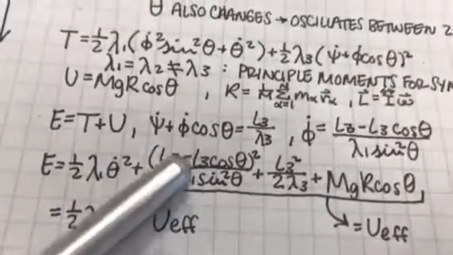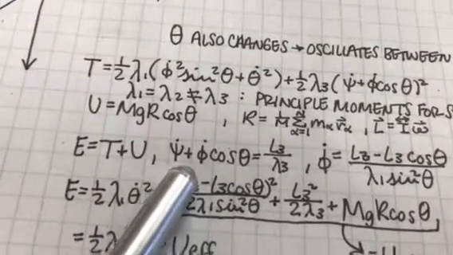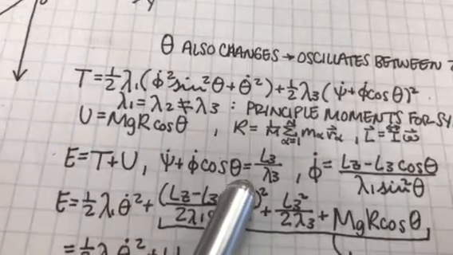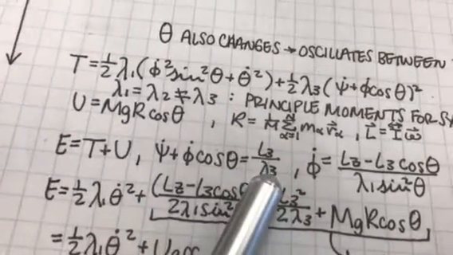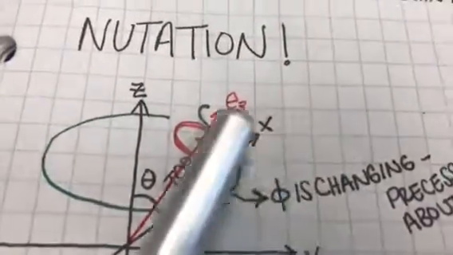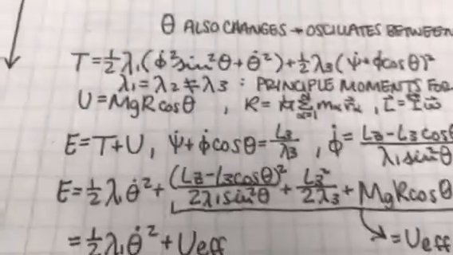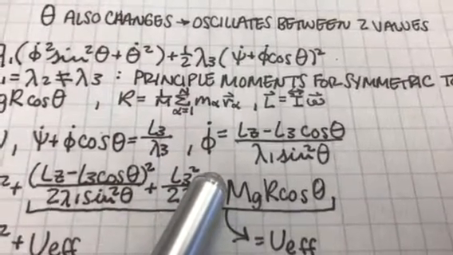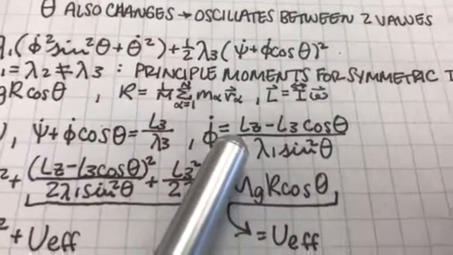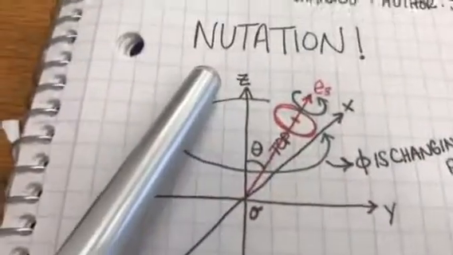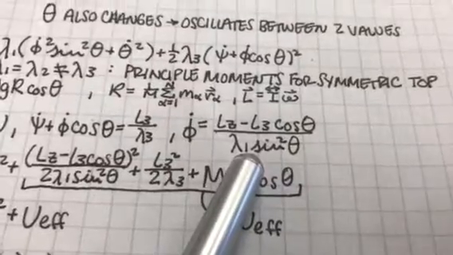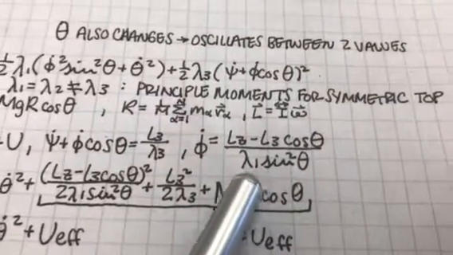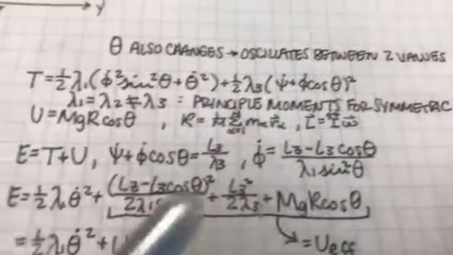And we know this relation right here of psi dot plus phi dot cosine theta equals L3 over lambda 3, where L3 is just the angular momentum about this E3 axis right here. And phi dot is equal to Lz, which is the angular momentum about the z-axis, minus L3 cosine theta over lambda 1 sine squared theta.